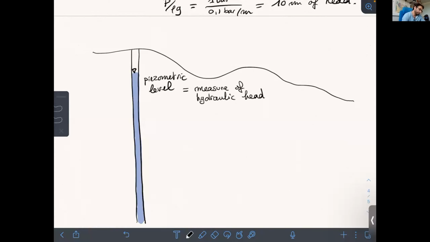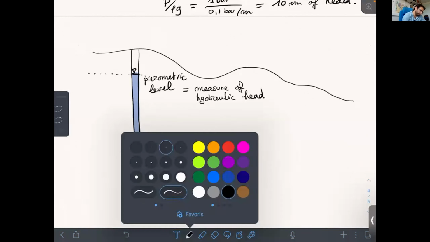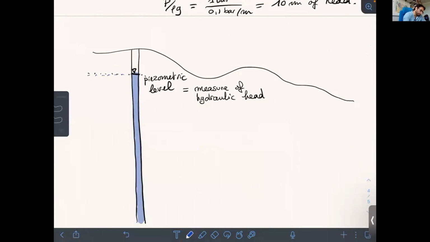So it means that the level inside the borehole will equilibrate with the level outside. I can do it in color. That is a result of the distribution of water into the system.